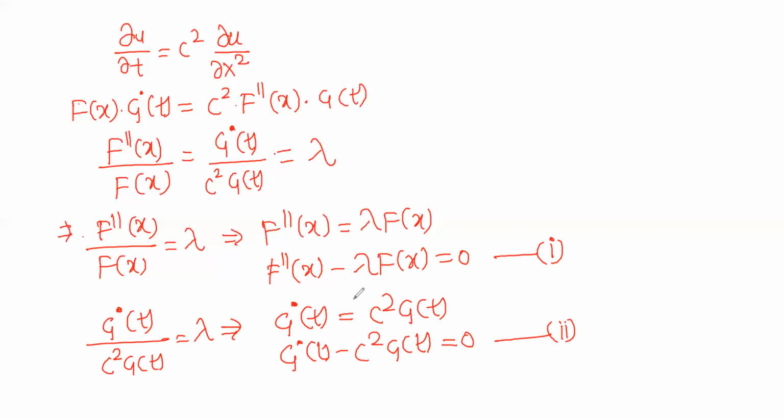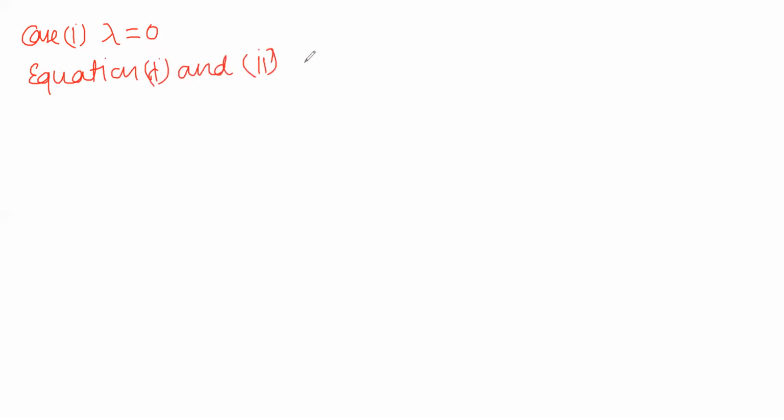Let us suppose first case, lambda is 0. Case 1, lambda is equal to 0. That means equation 1 and equation 2 get reduced to, since lambda is 0, I don't have this part.